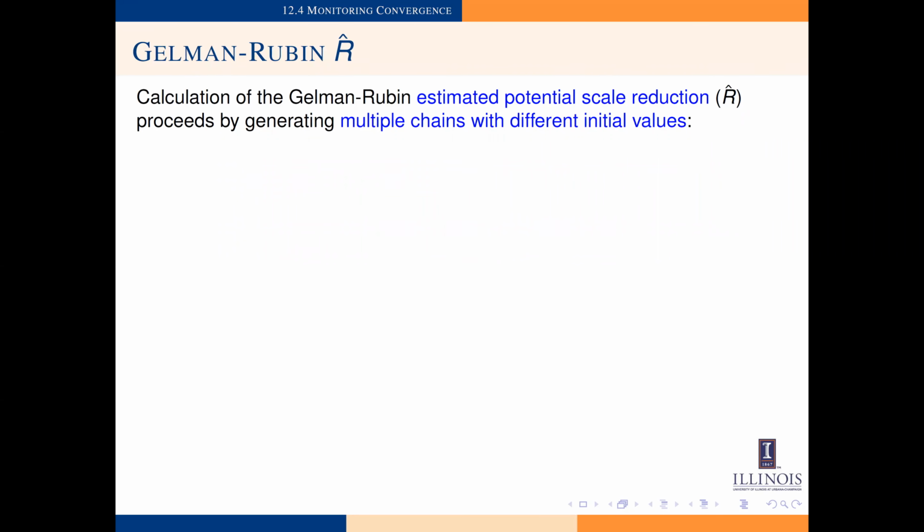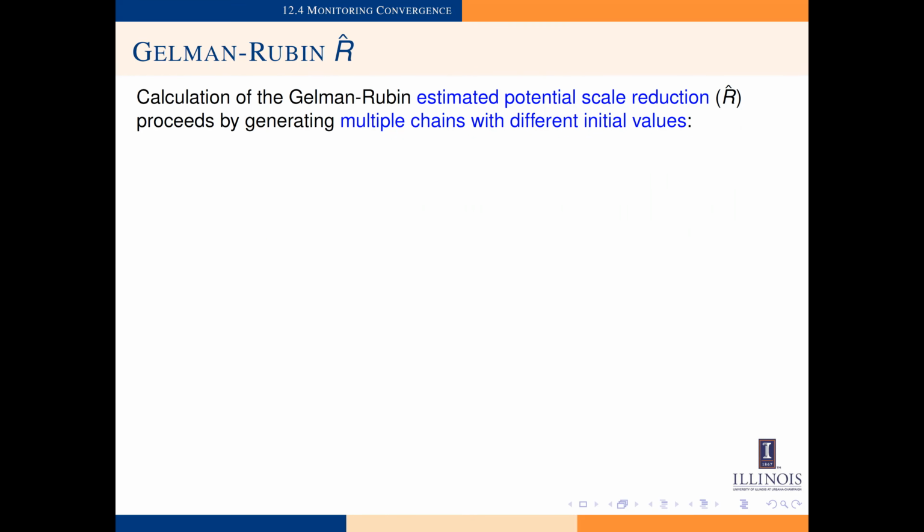Recall that when you do Metropolis-Hastings or Gibbs, you need to simulate a chain with a particular starting value. The starting value is quite arbitrary, and ideally, when your chain has converged, then even if your starting value is quite far from the stationary distribution, after a long run your samples should be getting closer and closer to the target distribution.